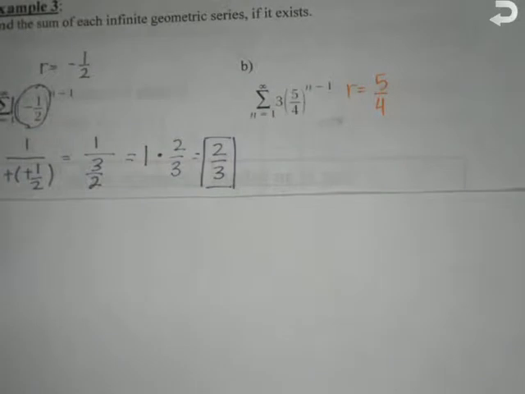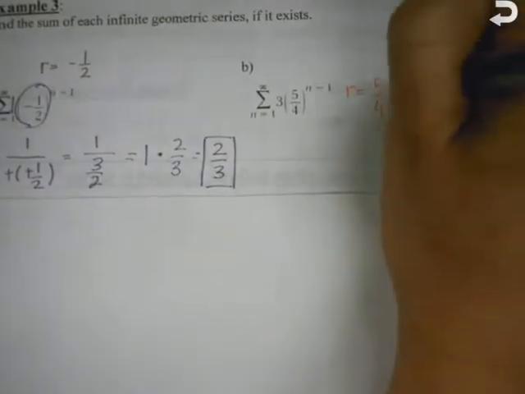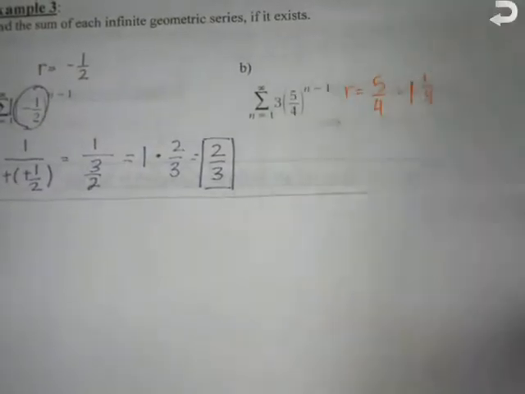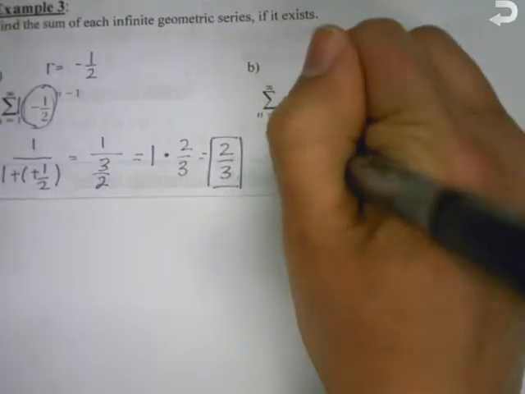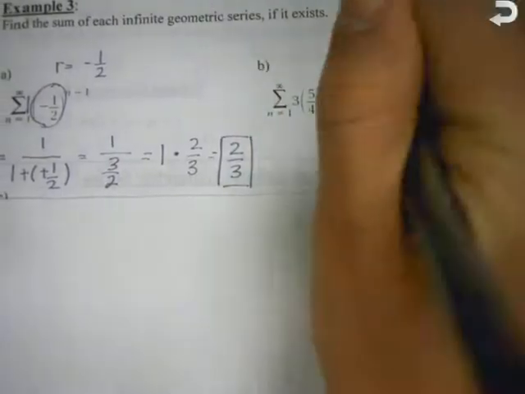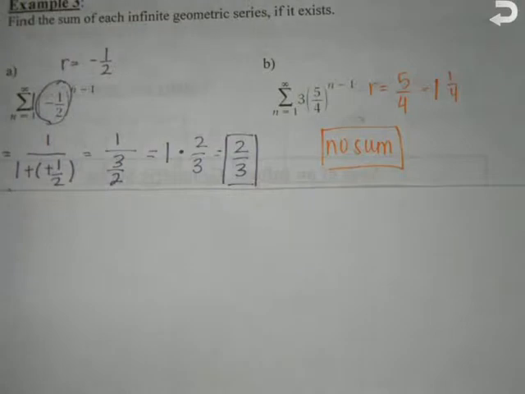Five fourths is the same as 1 and 1/4. Is that between 1 and negative 1? No, it's too big, right? So we stop. No sum. Okay? C.